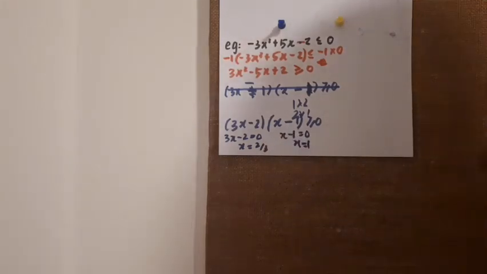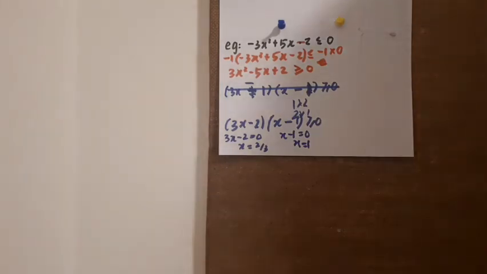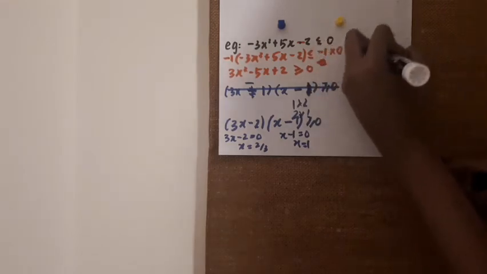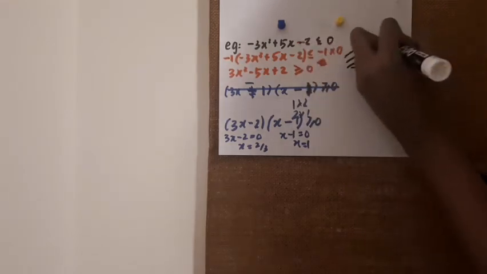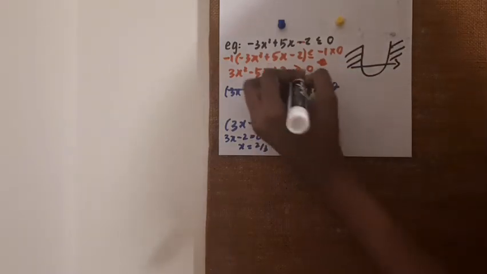So now we can draw the bowl curve, our famous bowl curve, where the soup is outside the bowl. So it's going to be flowing here because our inequality is this one here.